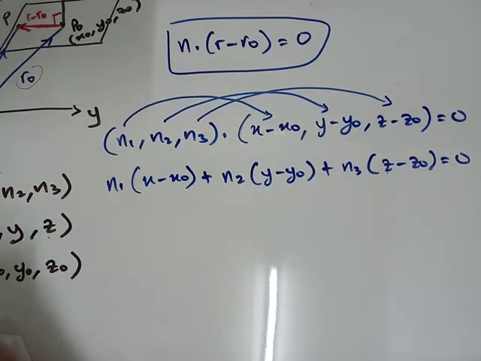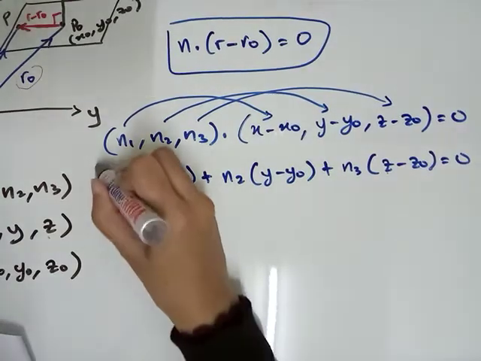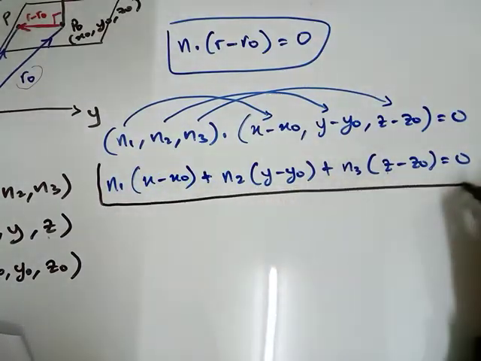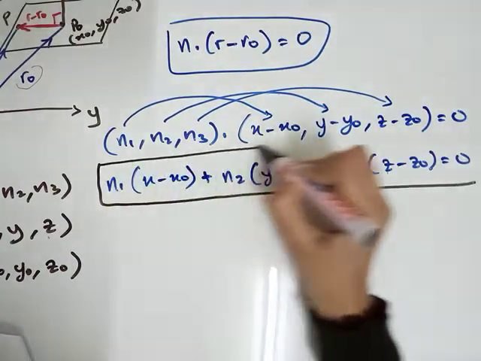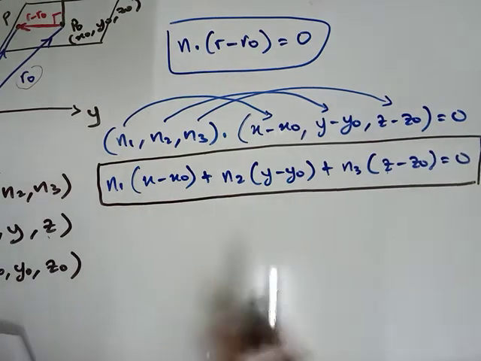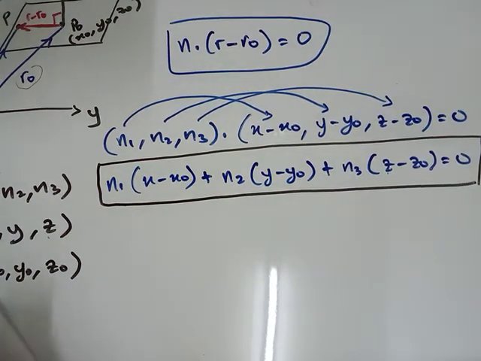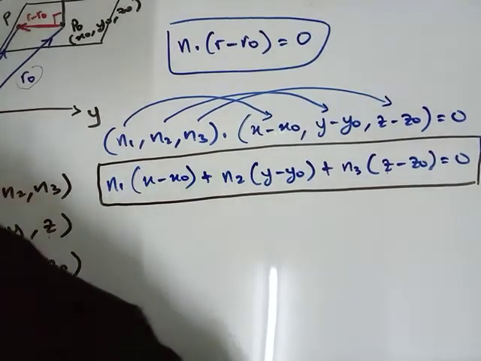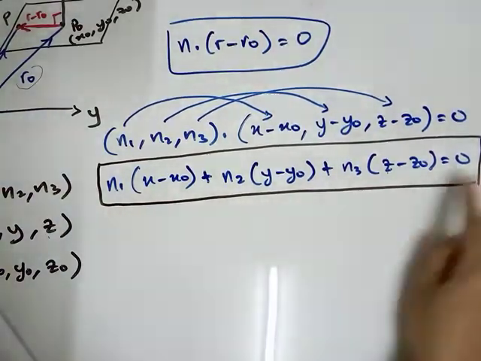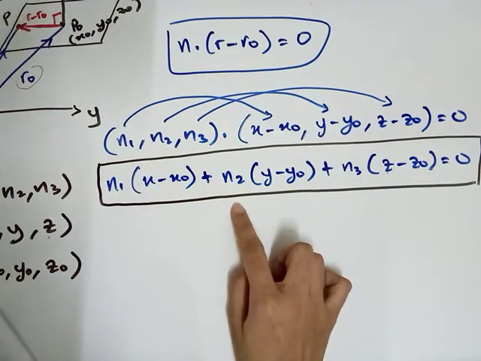This is the general form to get an equation for the plane through the point A orthogonal to a vector n. This is the general form that we have to use.